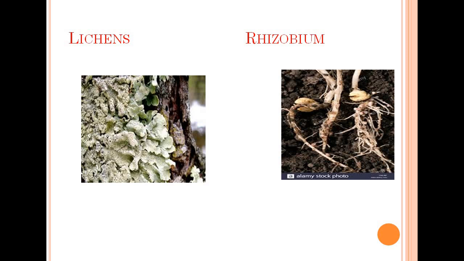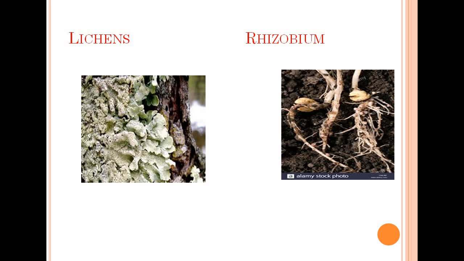You are seeing that there is a close association of the rhizobium with the pea. What is rhizobium? Rhizobium is a soil bacterium that remains present in the soil. So how do the pea plant and rhizobium show the symbiotic association?